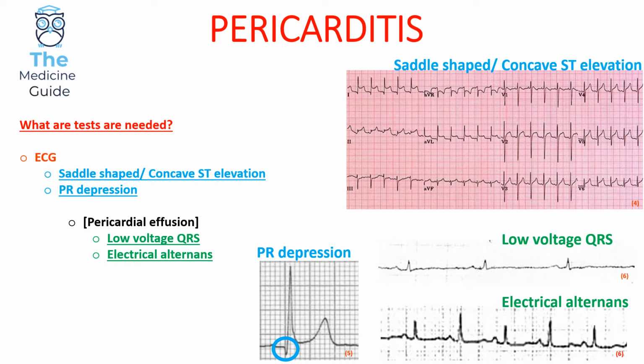So that's why it's called a low voltage QRS. Now, if we look at the ECG below that, where it shows an example of electrical alternans, we can see that the amplitude or the peak of that R wave fluctuates with each QRS complex, and that's an example of electrical alternans. Okay?